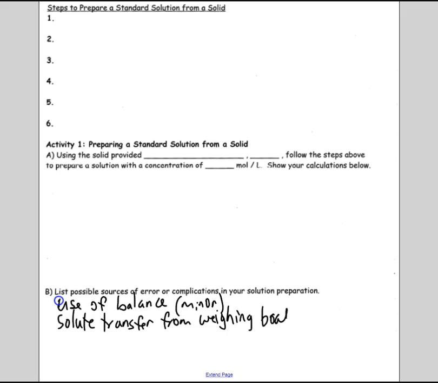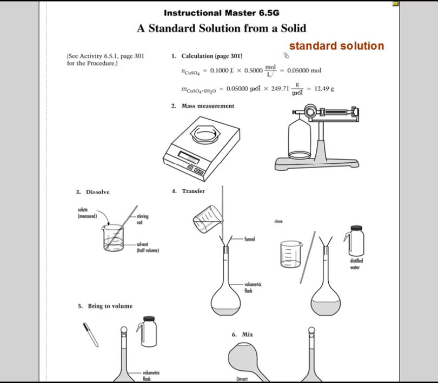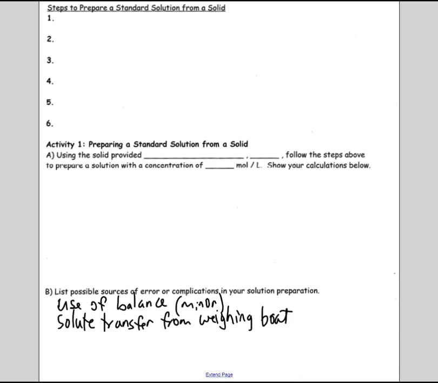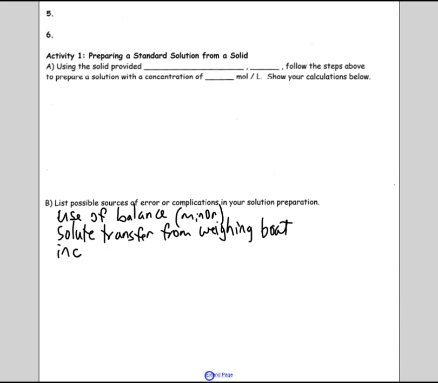The next likely source of error is going to occur in probably step 4 when we're transferring the partially or fully dissolved solute. So we could have incomplete transfer or incomplete rinsing. Could call that 2 separate possible sources of error.